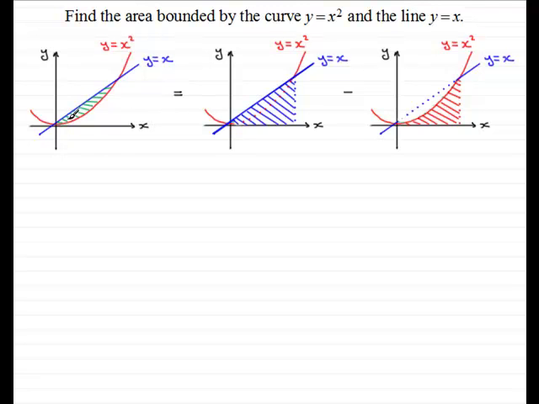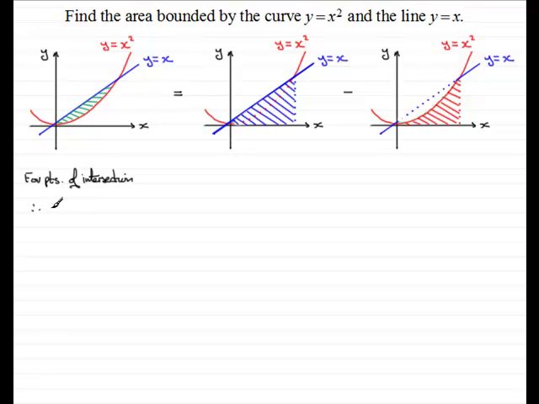Now, to do this I do need this point of intersection here. It looks like they intersect at the origin, but to be sure, to find these points of intersection we have to solve the two equations simultaneously. For the points of intersection, we need to find where x squared equals x.